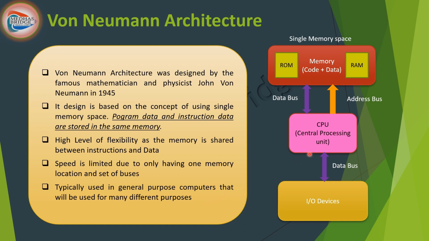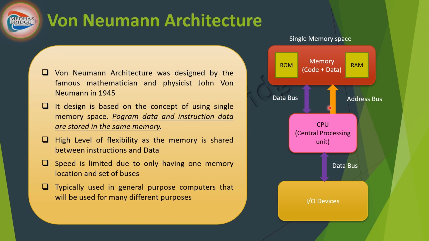That's good. If you look at this diagram, the CPU uses a single memory space. In this memory space, code and data are stored together. What this means is the same memory space is used to share the code and data. From the CPU's standpoint, when you are trying to access the memory to fetch the code or the data, all you are using is just one address bus and one data bus.